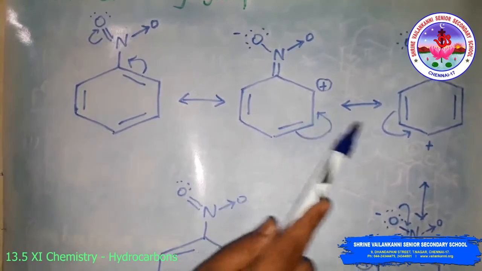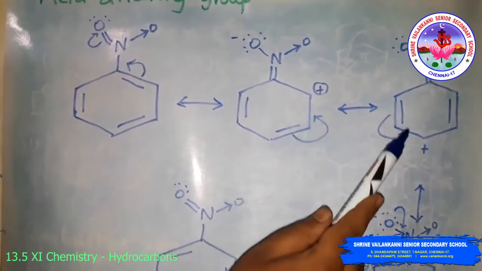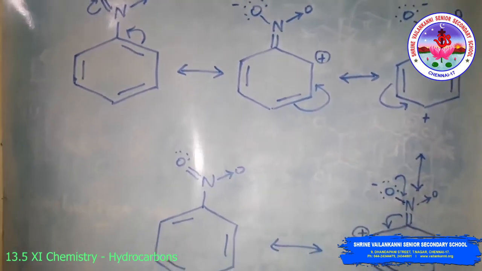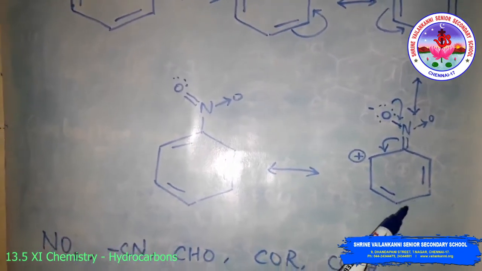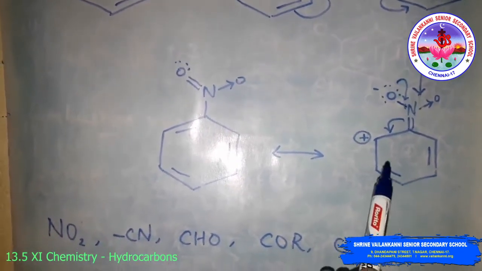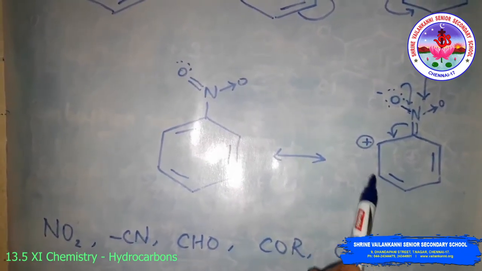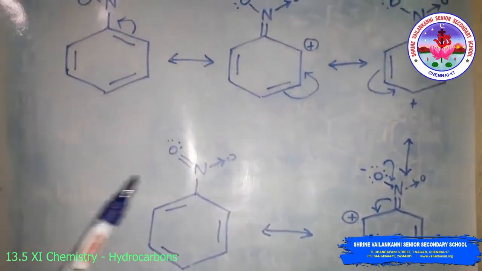Then the positive charge is stabilized again: this electron is shifted here, and positive charge is created here. Then at the third position the positive charge is again stabilized in this structure. This bond is shifted here, so the positive charge is created here. Then again the resonance hybrid is re-stabilized. So there are 5 resonating structures.